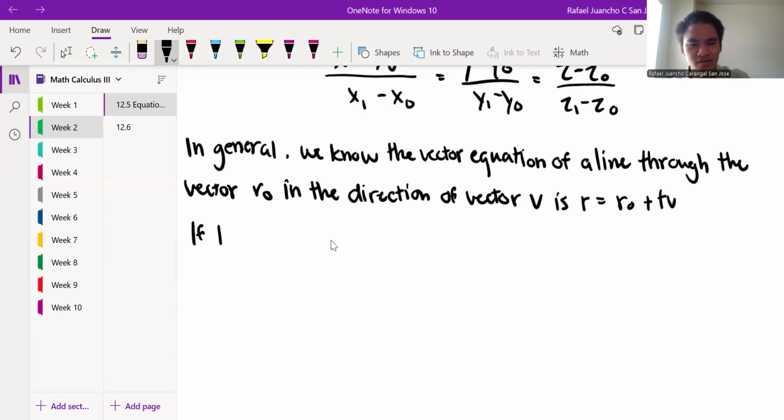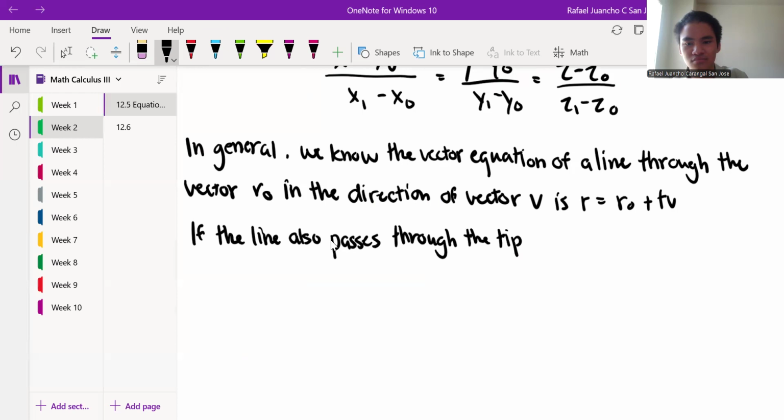If the line also passes through the tip of R1, we can actually take V equals R1 minus R naught.